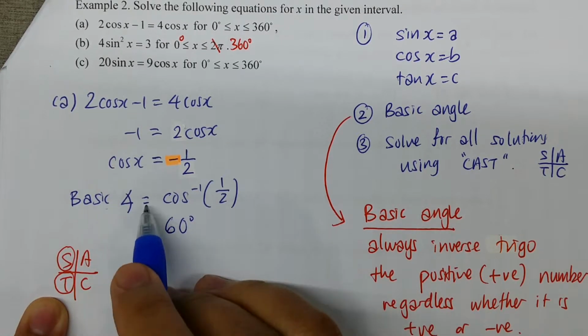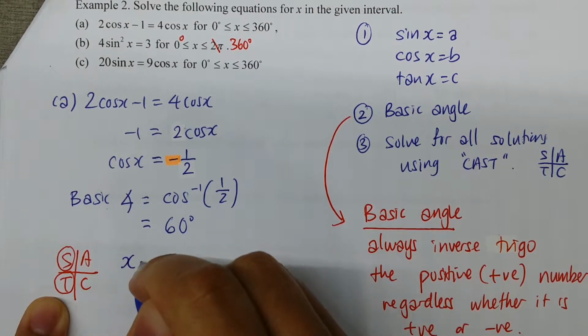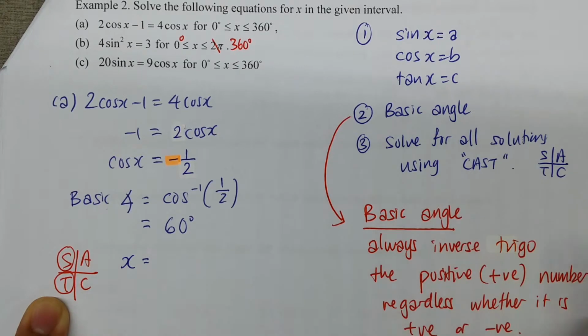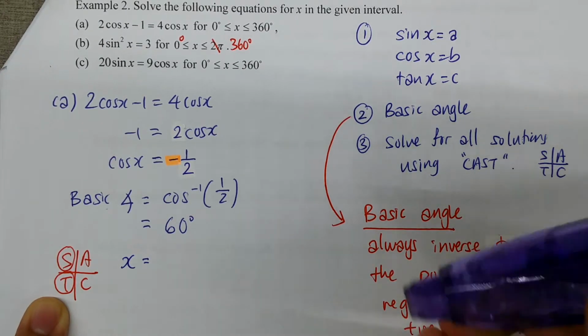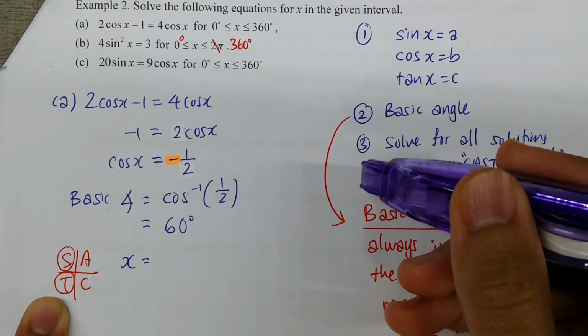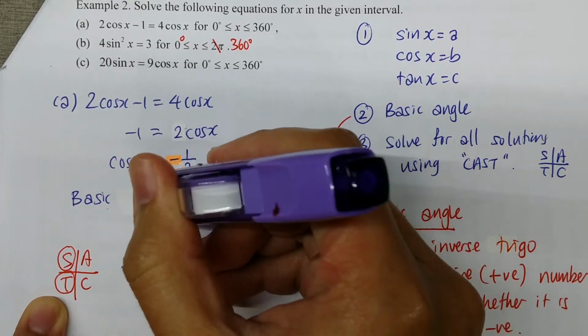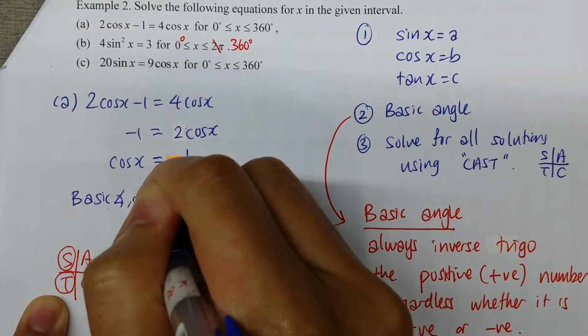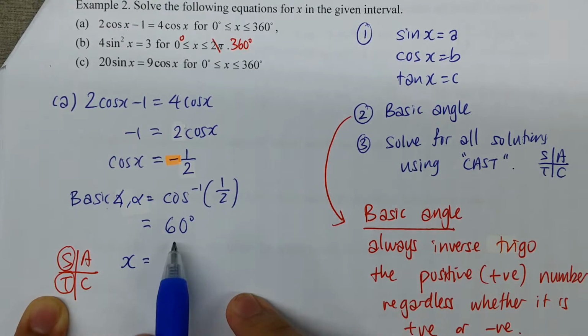So, if the basic angle is 60, the so-called alpha, maybe I should write alpha here, because earlier on we are using alpha. Basic angle alpha equals 60 degrees.